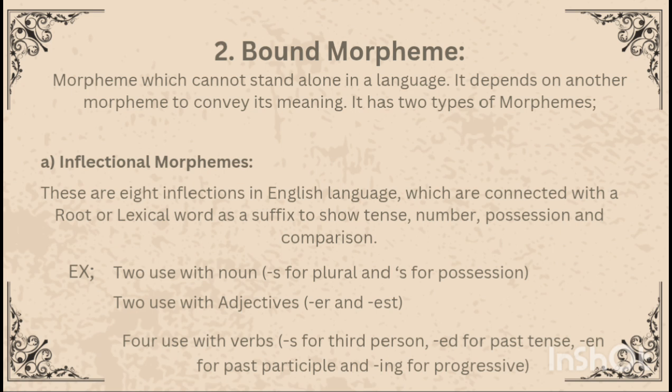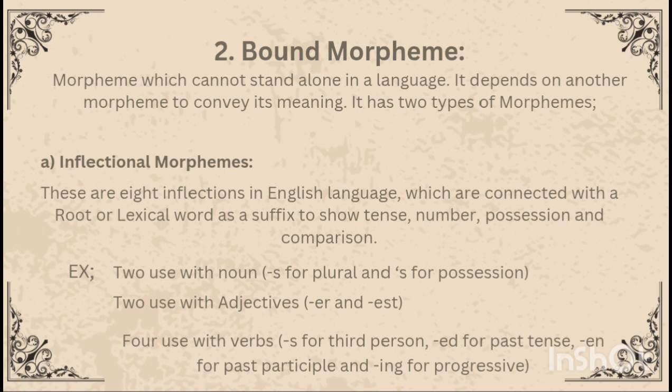The first two inflections are used with nouns to show possession or plural, like we use 's and s' for possession. Second, we have two inflections with adjectives to show the comparative degree and superlative degree, like -er and -est.